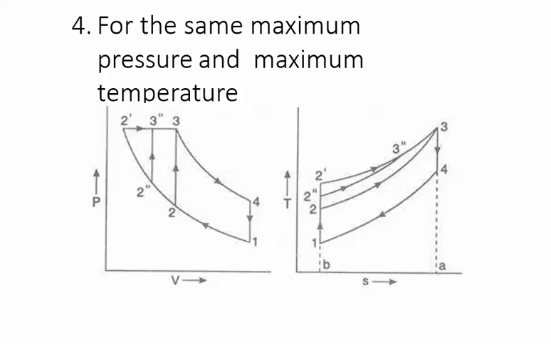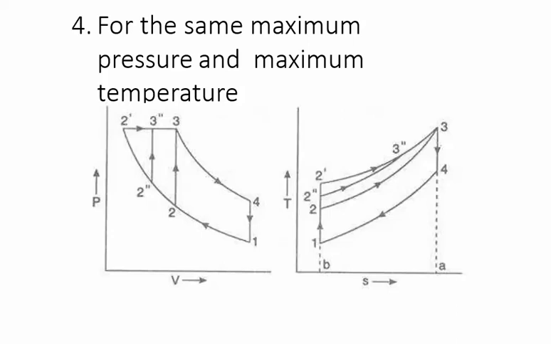The main and major difference between the Otto cycle and the diesel cycle is that heat addition is taken from 2 to 3 in the Otto cycle at constant volume, and heat addition from 2 to 3 in the diesel cycle is at constant pressure.